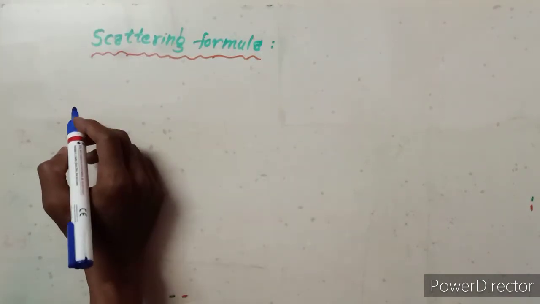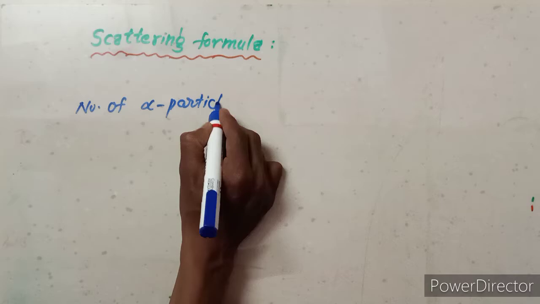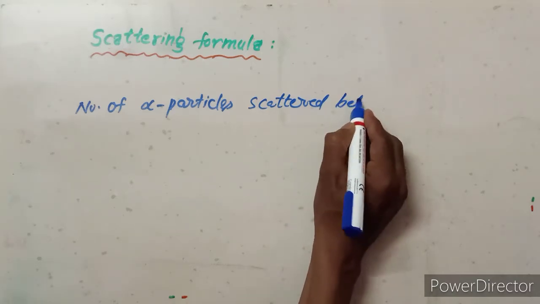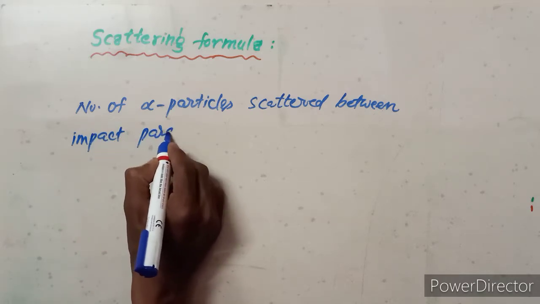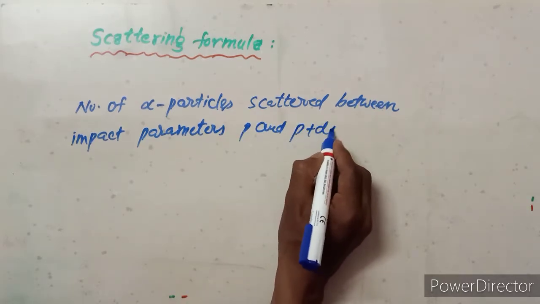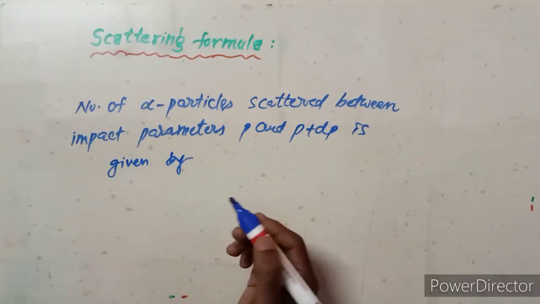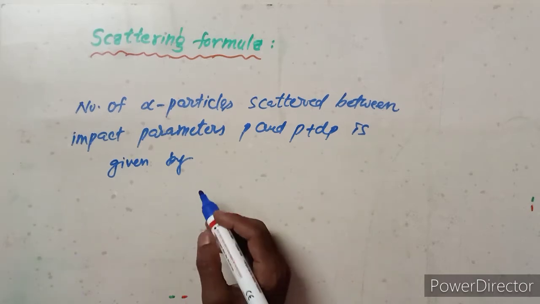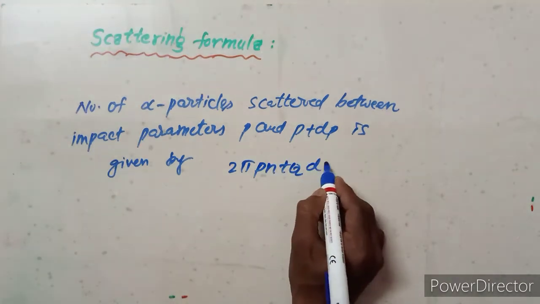Already we know that the number of alpha particles scattered between impact parameters P and P plus dP is given by, already we know that in the scattering cross section the number of alpha particles scattered between impact parameters P and P plus dP is given by 2 pi P NTQ dP.